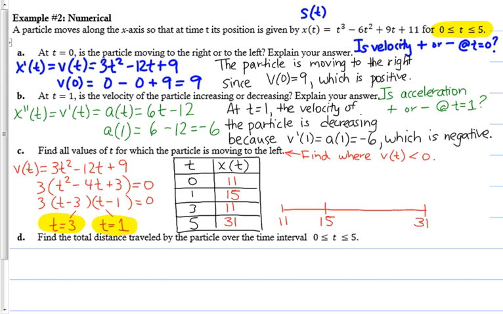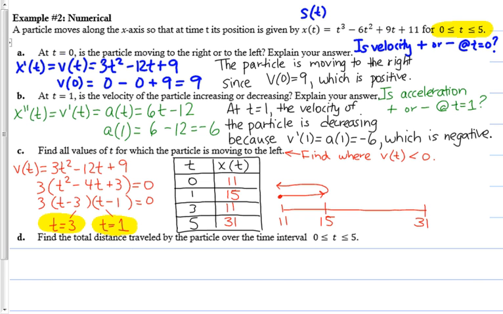So you kind of just want to mimic what happened. So at t equals 0, it already was at 11, and then it moved to 15, right? But then it moved back to 11. It turned around and moved back to 11.